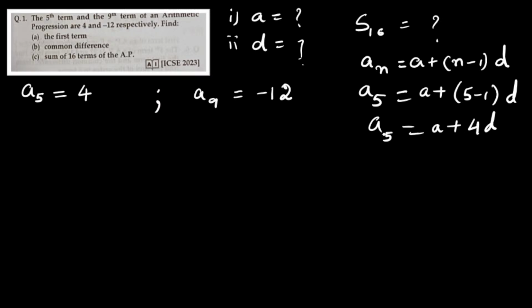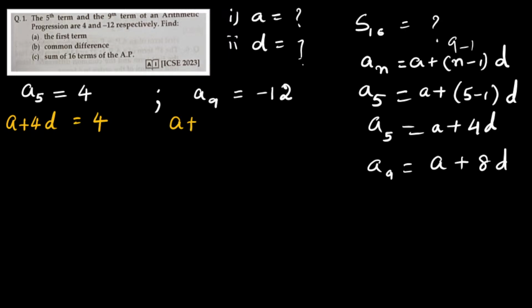Like I told you yesterday also, if here is 5, with d you multiply the previous number of 5. Same way a9 we can write directly a plus 9 minus 1, so 9 minus 1 is 8d. So here we can write their formulas. a5's formula is a plus 4d equals 4. Then a9's formula is a plus 8d is equals to negative 12.